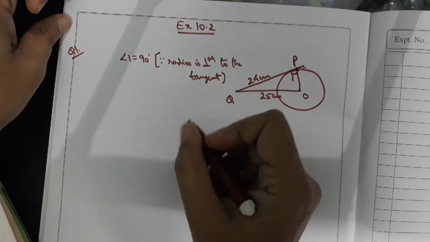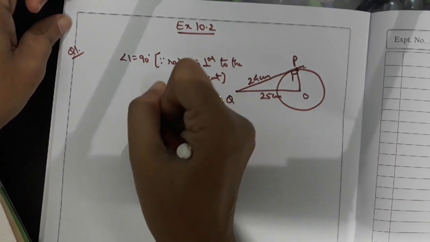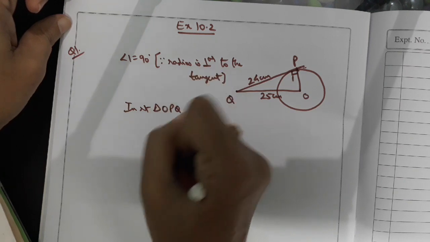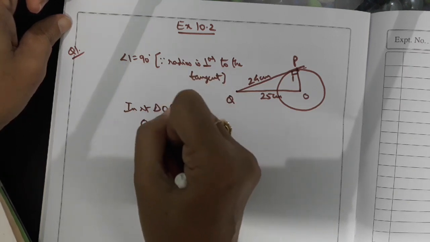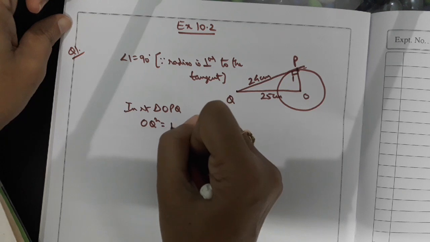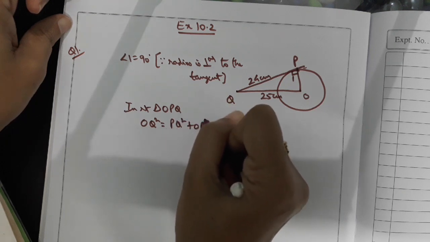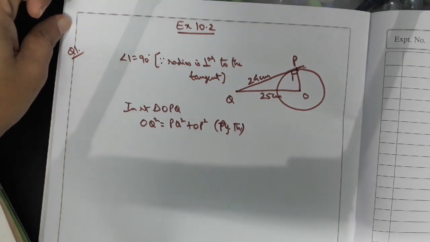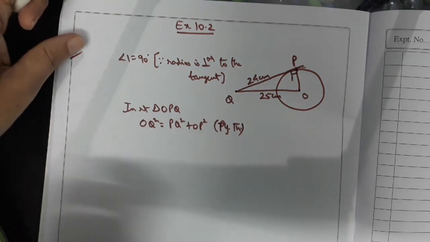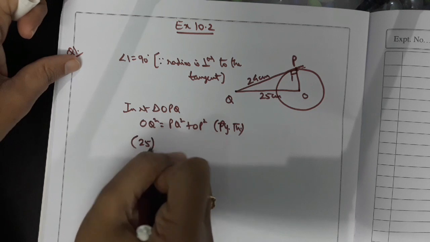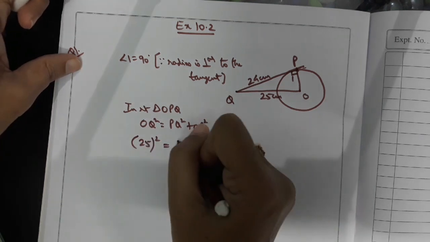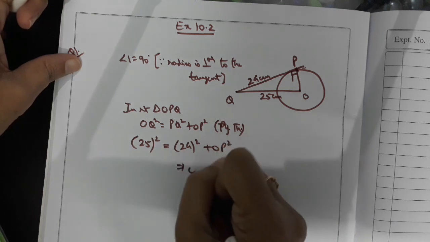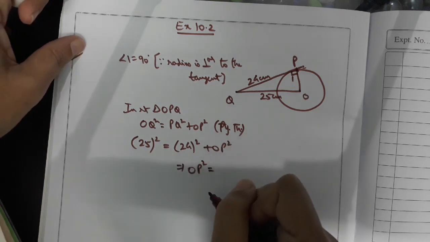So we can apply Pythagoras theorem in this right angle triangle. So in right triangle OPQ we obtain OQ square is equal to PQ square plus OP square by Pythagoras theorem. And then we substitute the values. OQ is 25, PQ is 24, and from here we will obtain the value of OP.